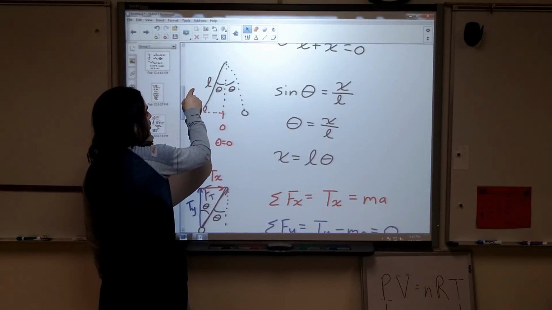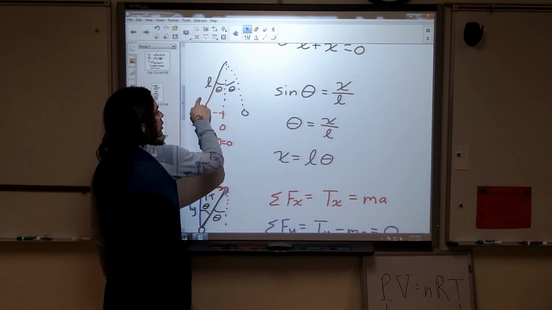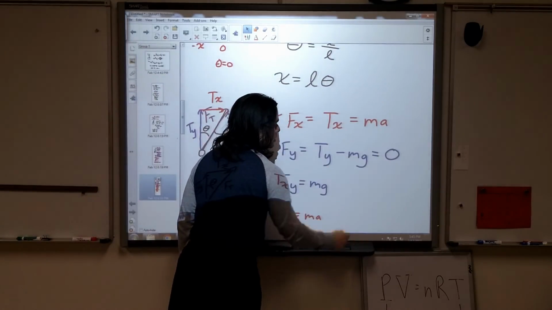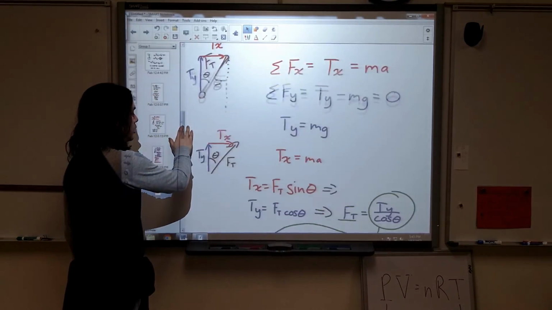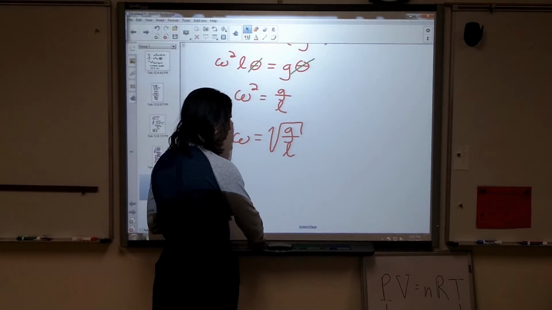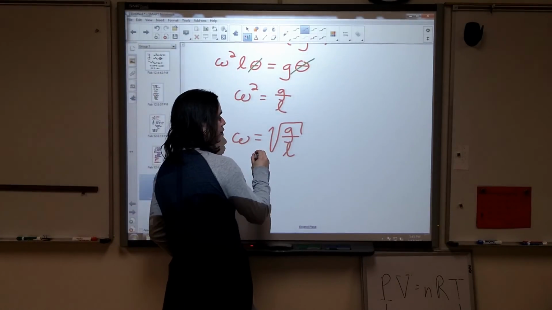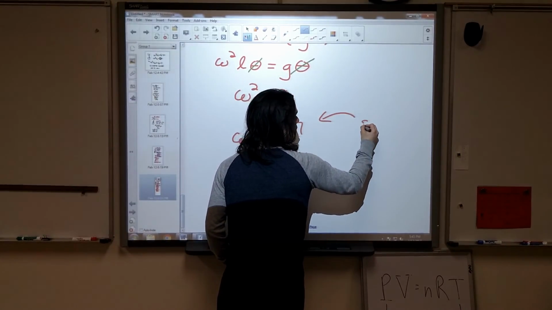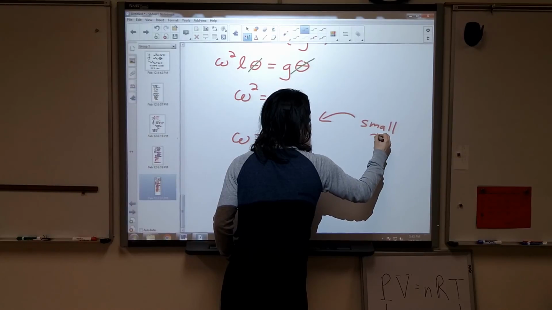If it comes up to a high angle of oscillation, we end up with a noticeable change in what's happening in the y direction, and this no longer holds, which means our equations would have to be adjusted. This is why this one is described as the natural frequency for a pendulum with a small angle.